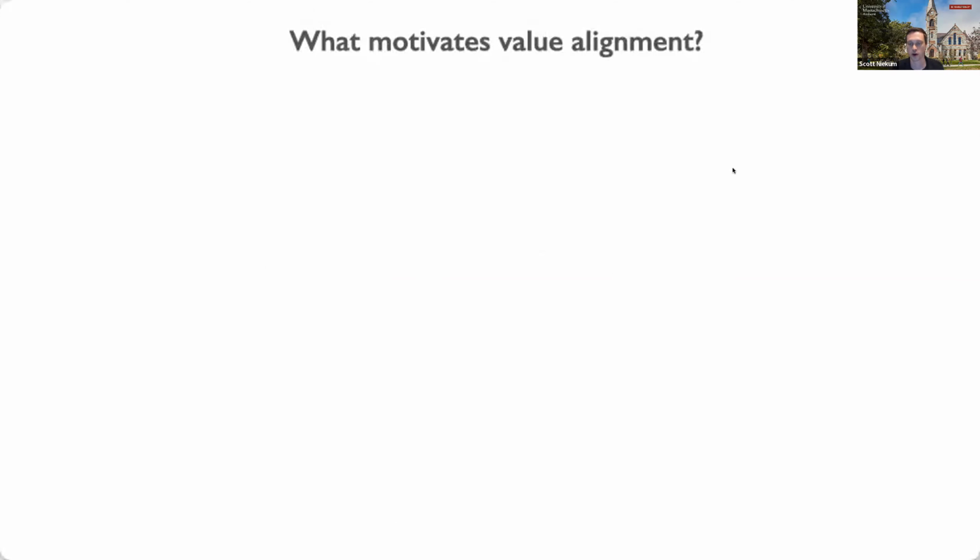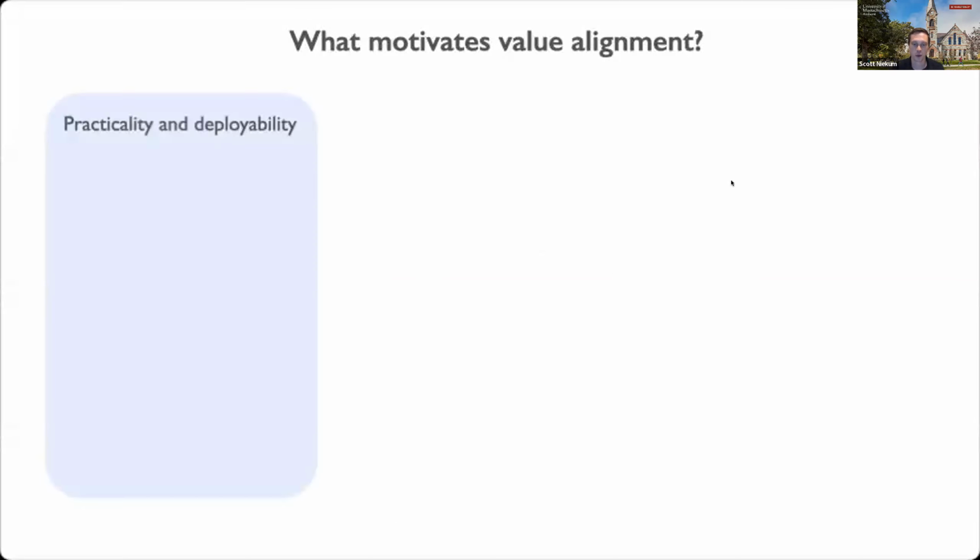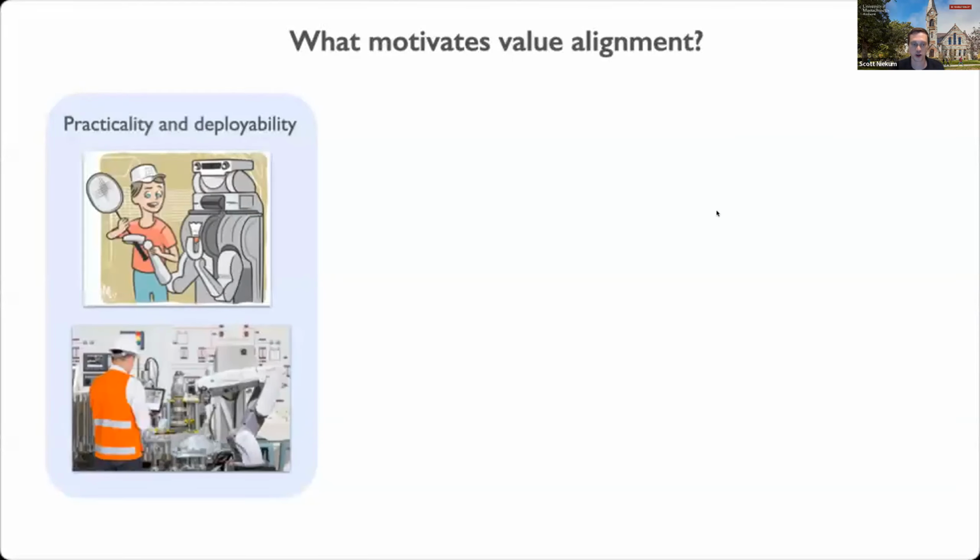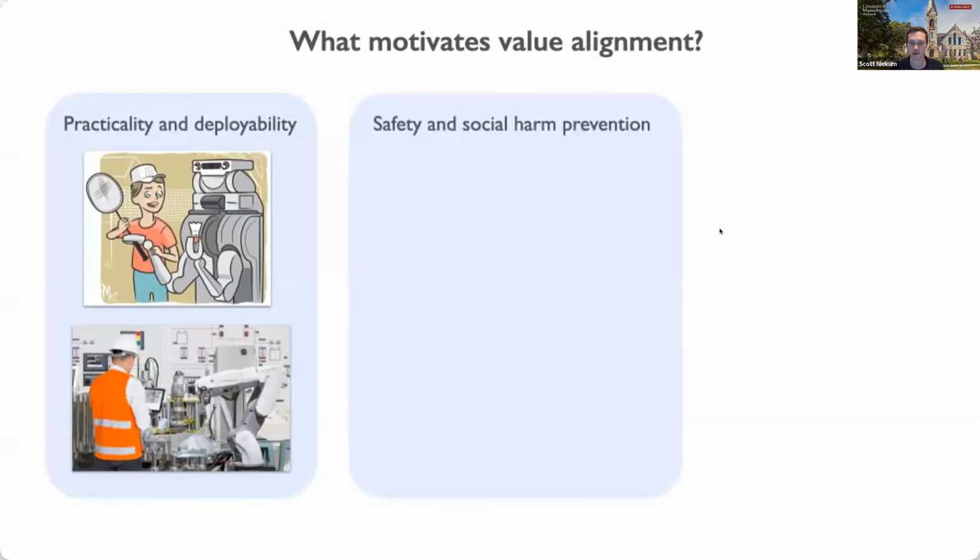So, why do people work on value alignment? One of the most common reasons is just practicality and deployability. If we're going to put robots into people's homes and workplaces, no one's going to want to use these if they don't actually do the right thing, right? People will lose trust in them very fast. Stepping up one degree of severity, we have safety and social harm issues as well.